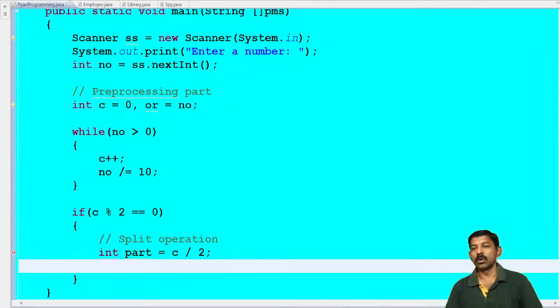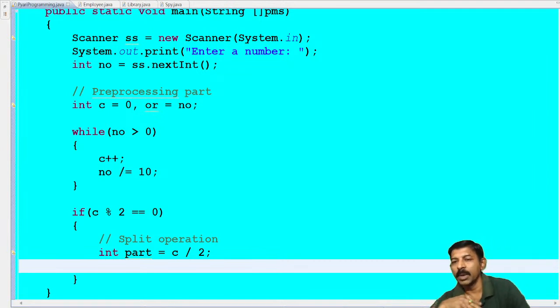Okay, I have divided it into two parts. If the number of digits is 4, I have split it by 2. So that means I got 2 over here. Yes, excellent. Beautifully you are explaining. Int is equal to C by 100? No, not C by 100. C by 2, because I want to split it into equal parts.